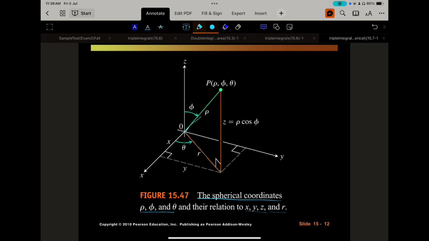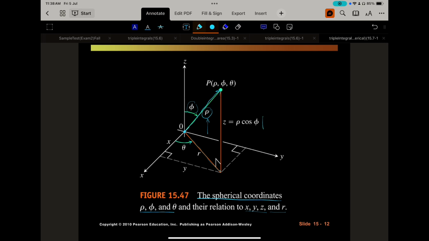If we draw a line up to the point that we are considering in spherical coordinates, this line represents the distance from the origin up to this point, and the angle between the z-axis and this line we're going to call phi. Rho is the distance between the origin and our point. So phi is the angle between that line, or vector, and the z-axis. This is our definition of the spherical coordinates.